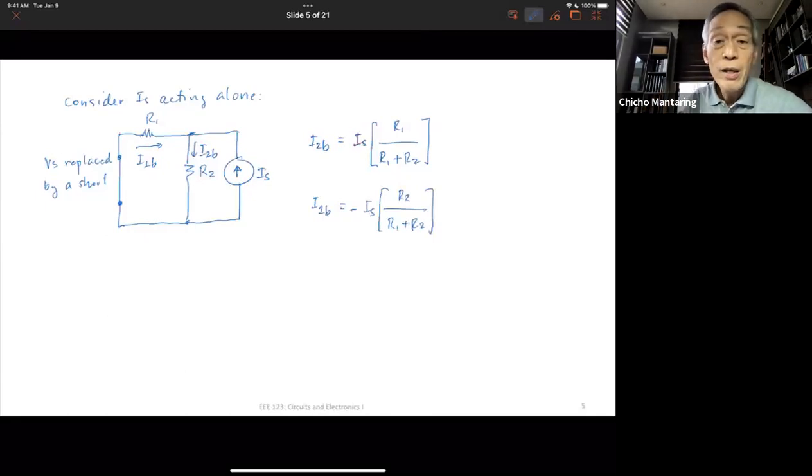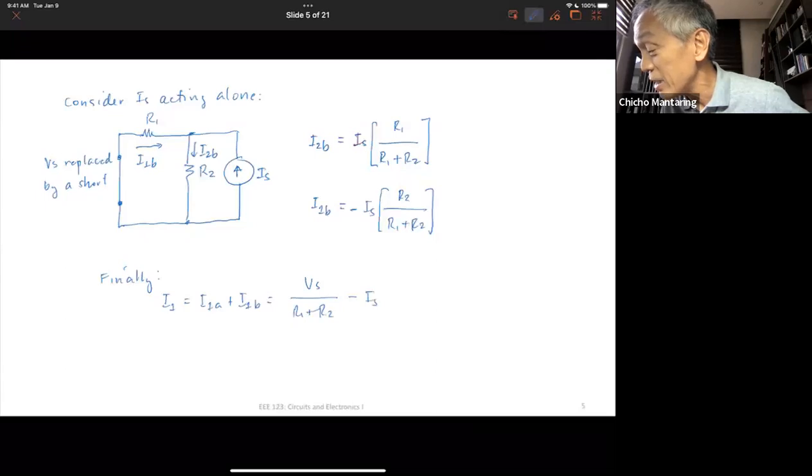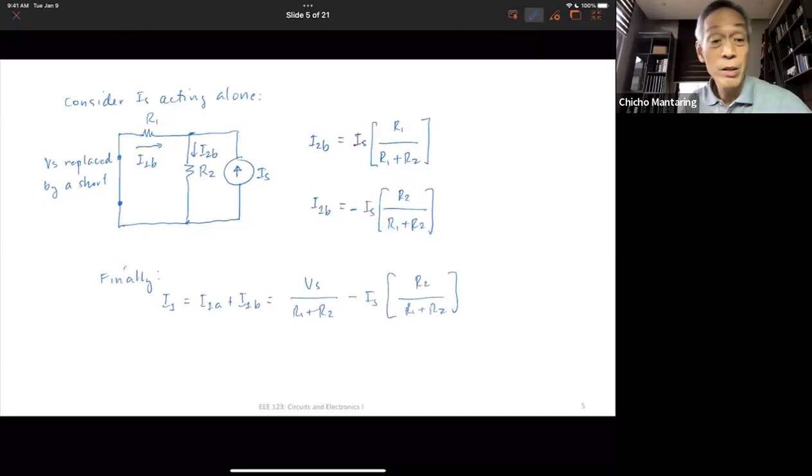Okay, so I know the contribution of VS and IS to I1 and I2. Then finally, my I1 will just be equal to I1A plus I1B, which is VS over R1 plus R2, plus minus IS in this case, R2 over R1 plus R2.